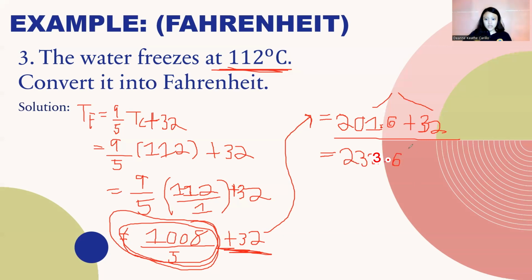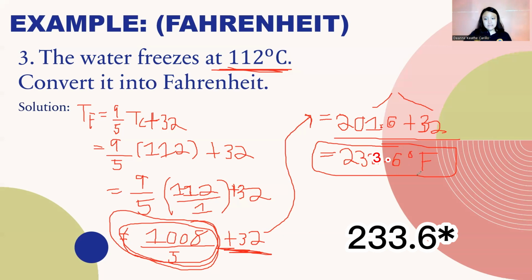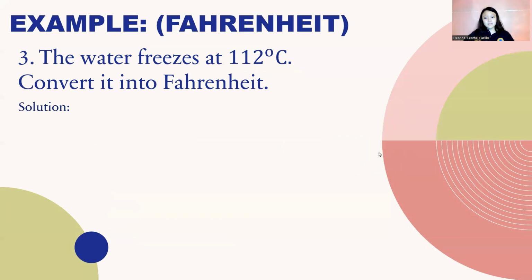Don't forget the temperature scale here, which is Fahrenheit. We converted the Celsius scale of 112 into Fahrenheit scale, and the answer is 232.6 degrees Fahrenheit. Now let's proceed to the next topic.